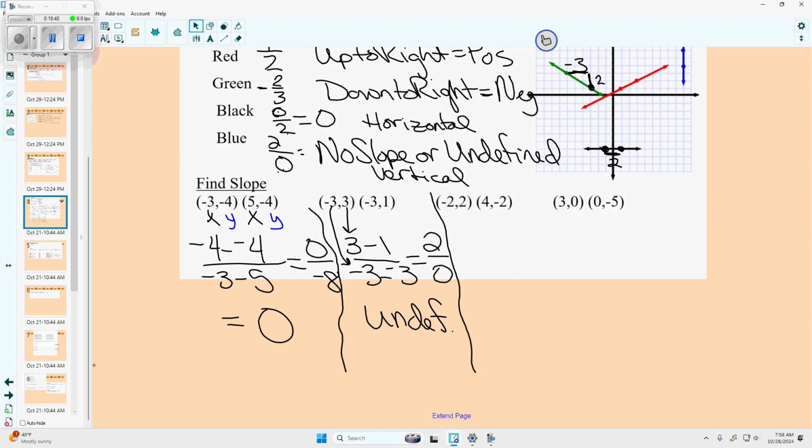When we look at that slope after we write the fraction, can I leave it like this? Can I leave 0 over -8? No, I got to simplify it to 0. Whenever you look at a fraction, always decide if you can simplify.